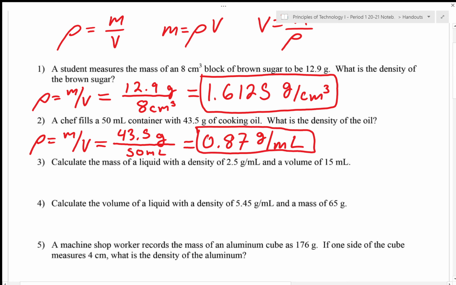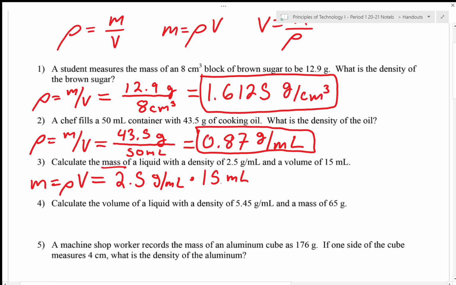Number 3 changes it up a little bit and asks us to find the mass. So we're going to use the rearranged equation. Mass is equal to density times volume. The density of our liquid is 2.5 grams per milliliter. We're going to multiply that by a volume of 15 milliliters.